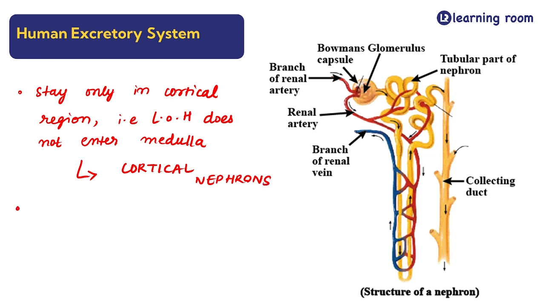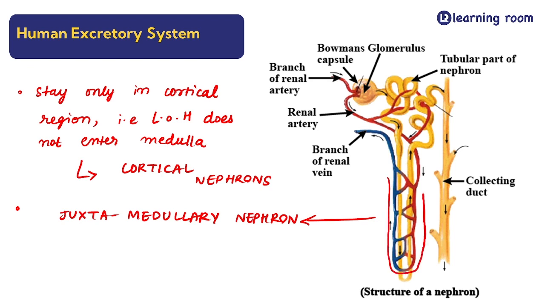Whereas some nephrons have a long loop of Henle which runs deep into the medulla, and these, such as this one, are called as juxtamedullary nephrons. This network of capillaries that you can observe surrounding the loop of Henle, the network of capillaries that you see surrounding the nephron are called as peritubular capillaries.